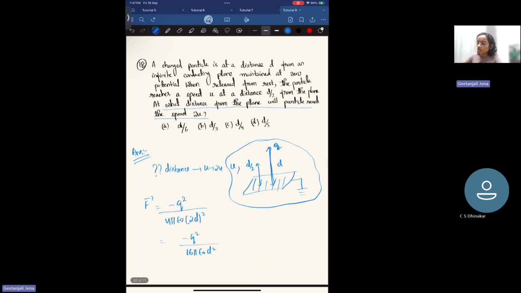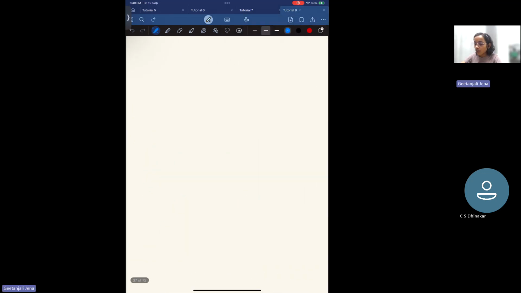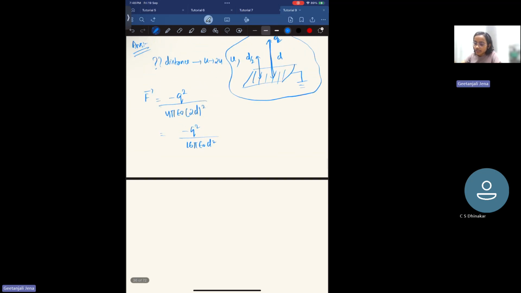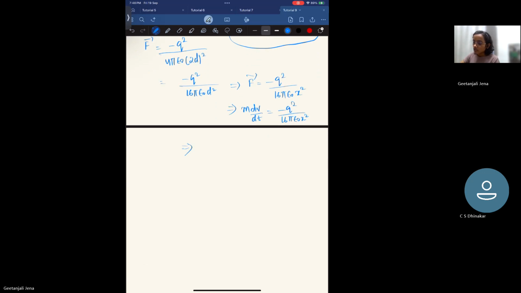For a general distance, let us say it is at a distance x. So the force will be Q square by 16 pi epsilon naught x square, and force you can write as m dv by dt, which is Q square by 16 pi epsilon naught x square. So let us take m to this side.